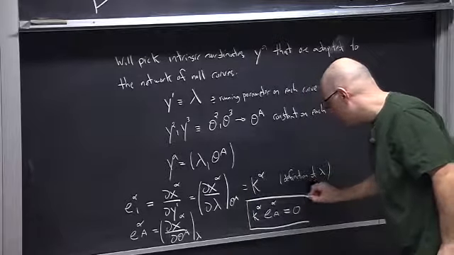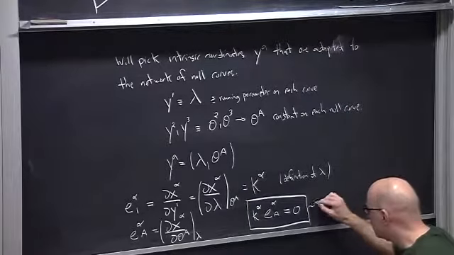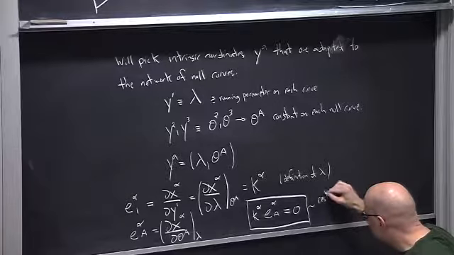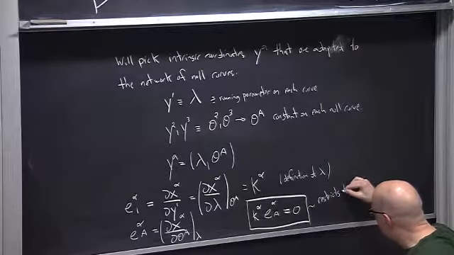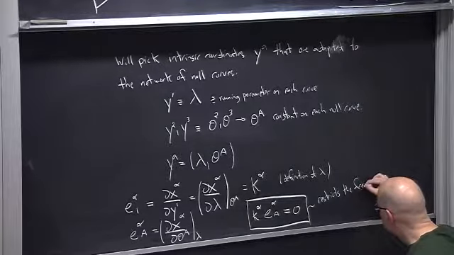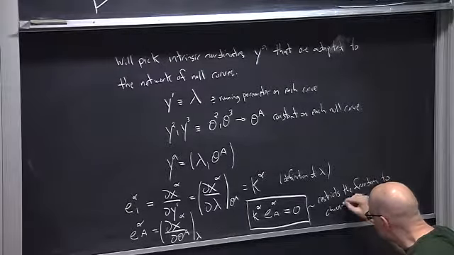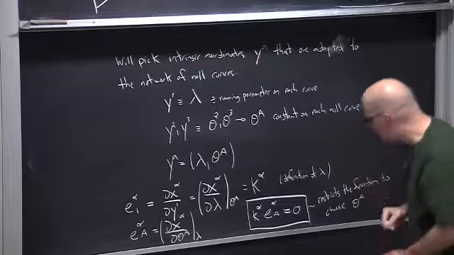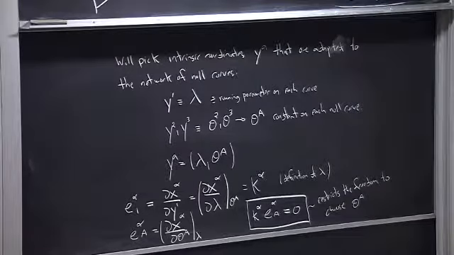So that's basically a restriction on the freedom to choose the remaining two, I say angular coordinates, but the remaining two intrinsic coordinates on the hypersurface.